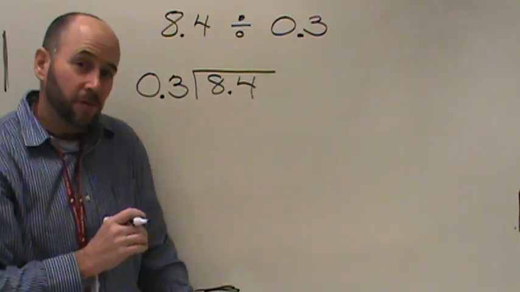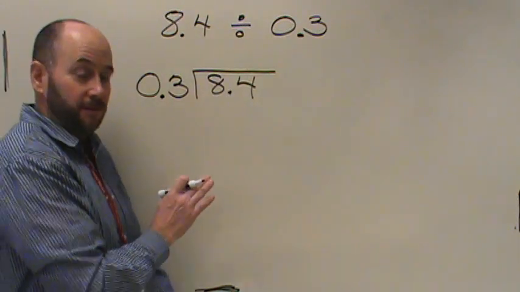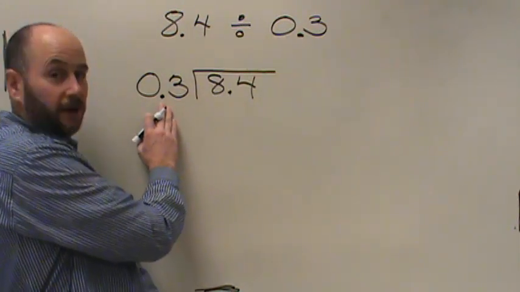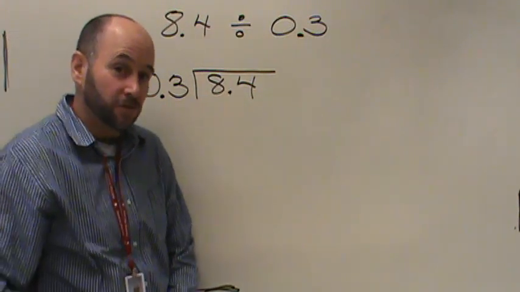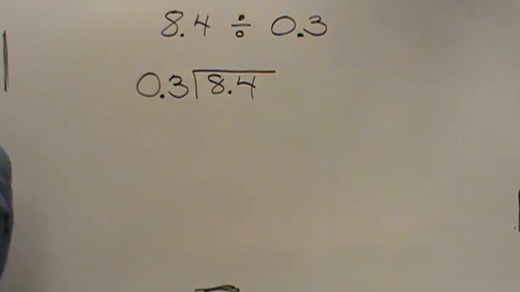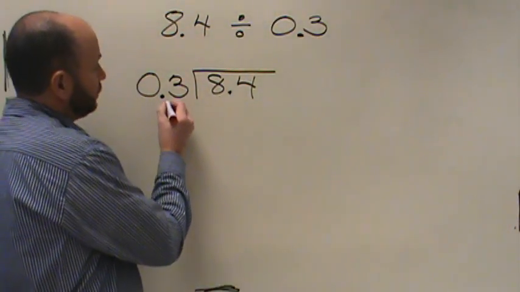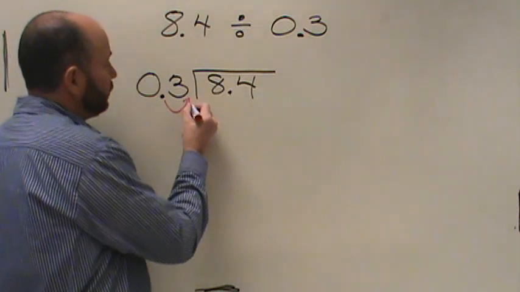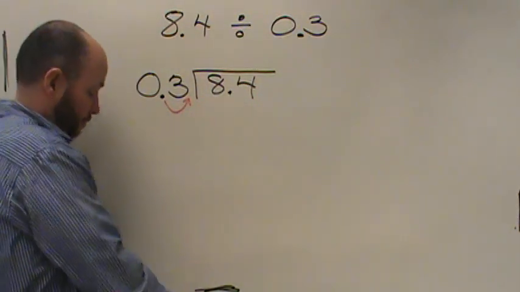Okay? Now, when you do a problem like this, the very first thing you do is look and say, okay, I have a decimal point in my divisor, so I have to turn that into a whole number. You will do that by taking the decimal in your divisor and moving it over as far to the right as you can.